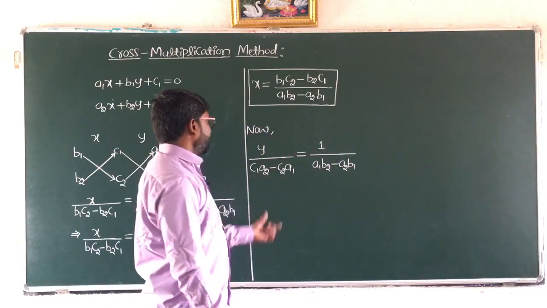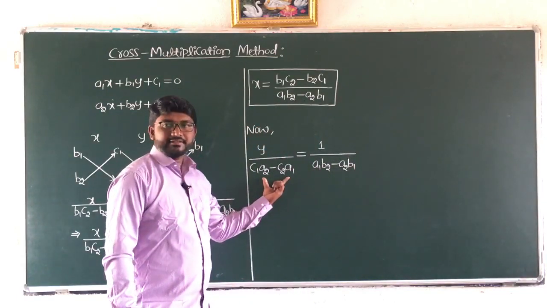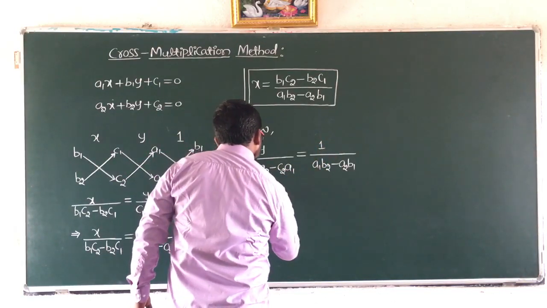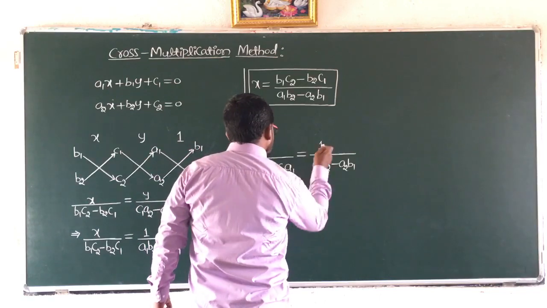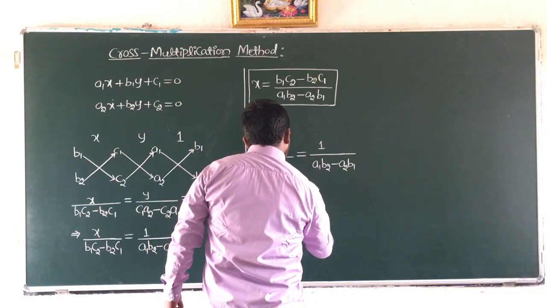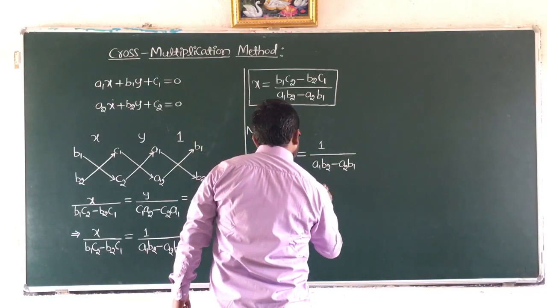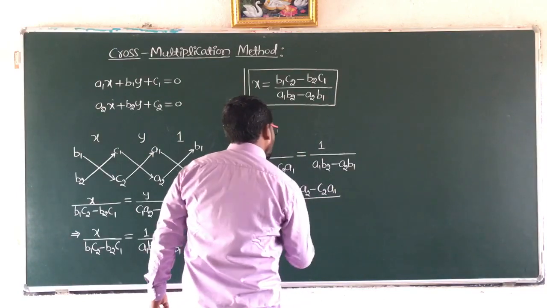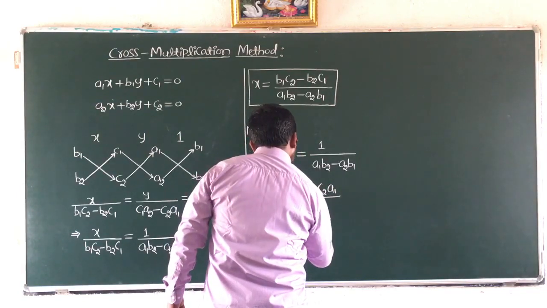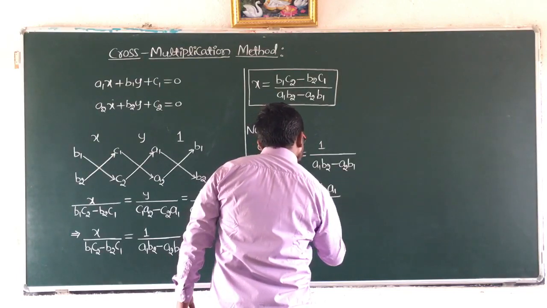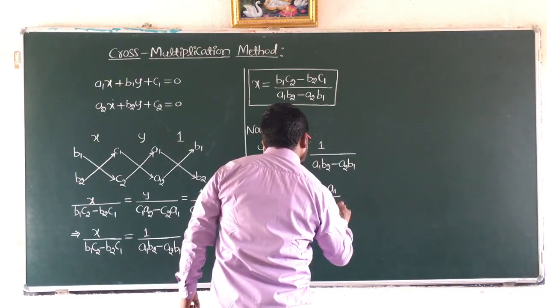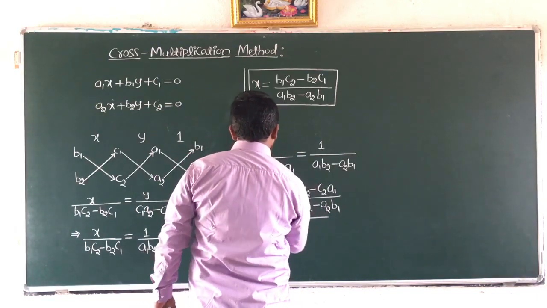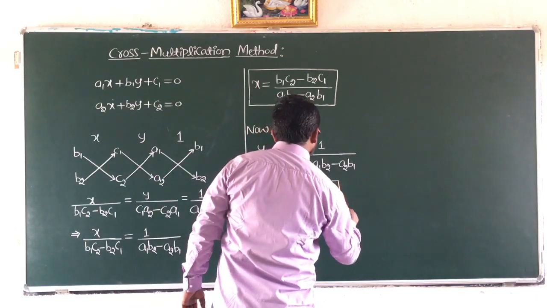Again you take the denominator to the RHS, it goes to the numerator. y equals c1 a2 minus c2 a1 divided by a1 b2 minus a2 b1. So this is the formula for finding the value of y.